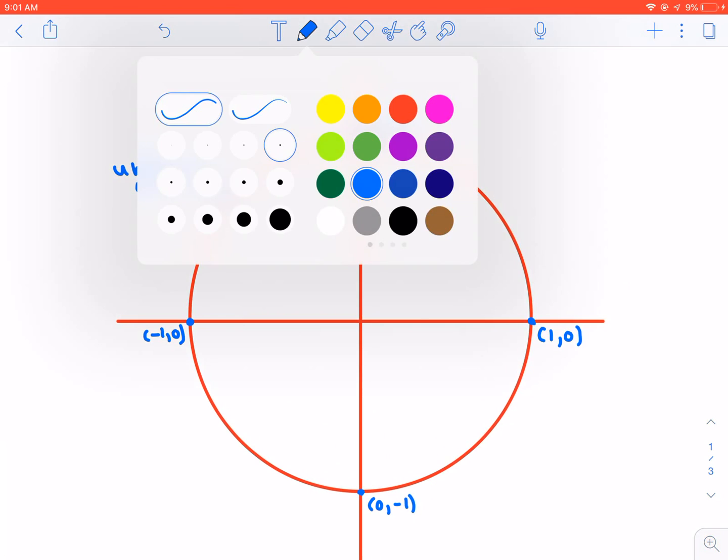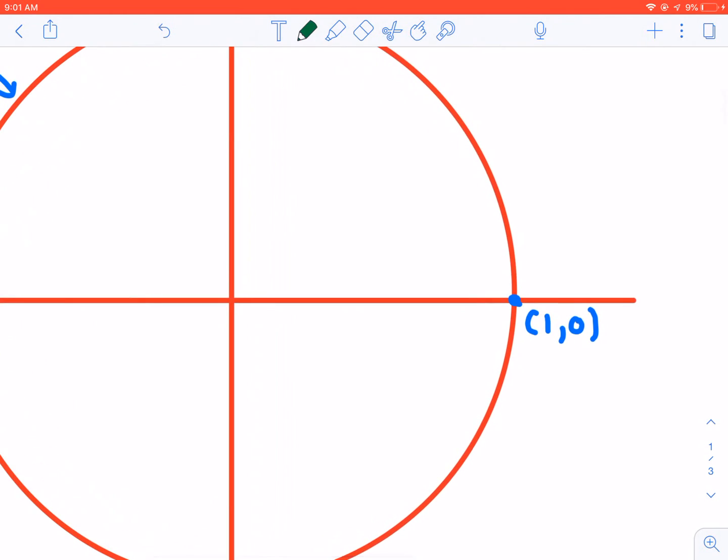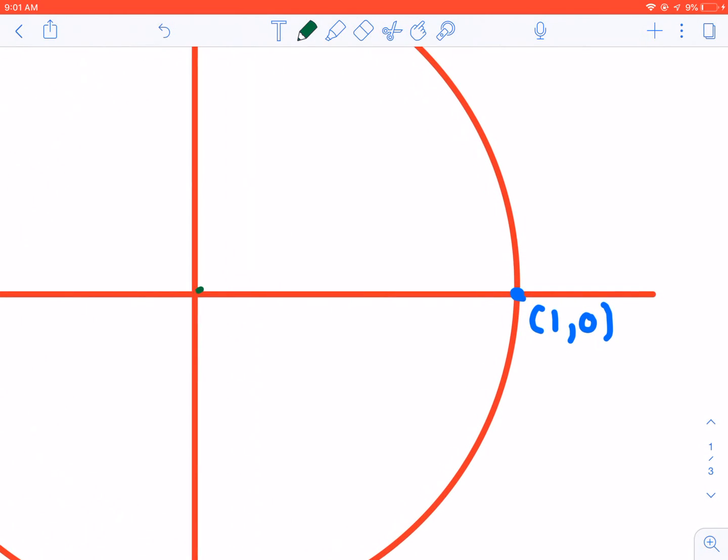Right? So the first thing I'm going to do is draw an angle on this unit circle. So the way drawing an angle works is we're going to start at the origin. And an angle is always made up of two sides. So the first side is always going to be along the positive side of the x-axis. Right?